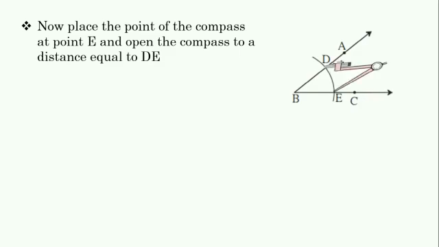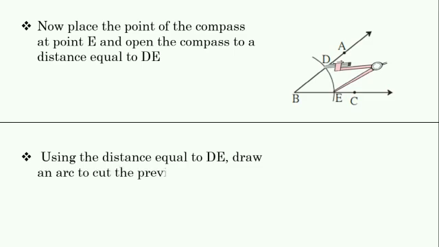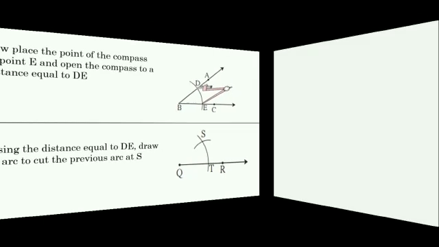Now place the point of the compass at point E and open the compass to a distance equal to DE. Using the distance equal to DE, draw an arc to cut the previous arc at S. Draw the ray QS.